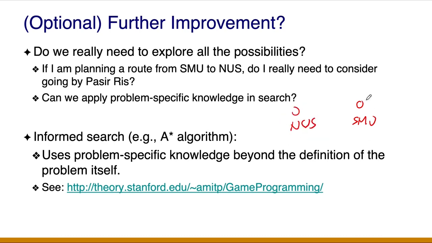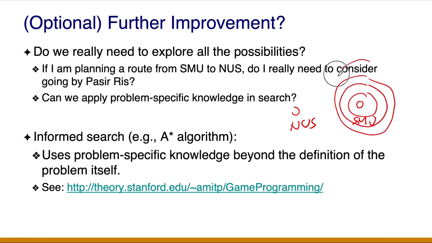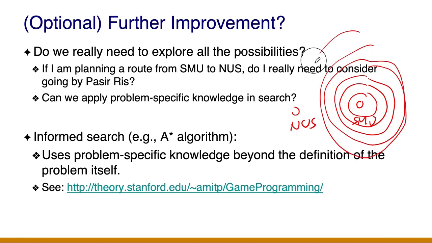What the UCS will be doing is that you will gradually expand the range, almost like a circle, right? Eventually, when the circle is large enough to include the NUS, NUS as a result will appear in the priority queue. That's the moment you will actually consider NUS as a destination node, right?